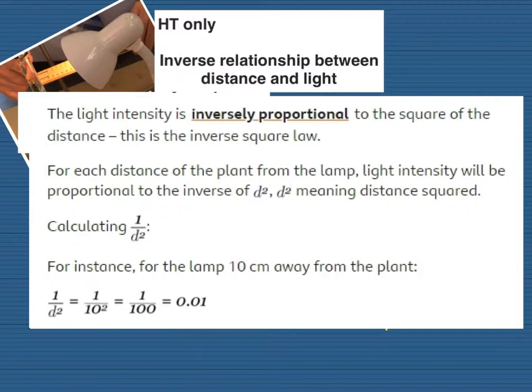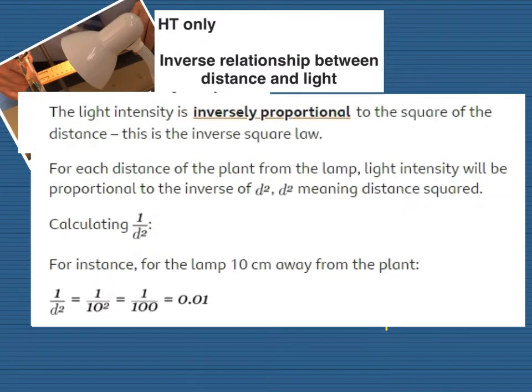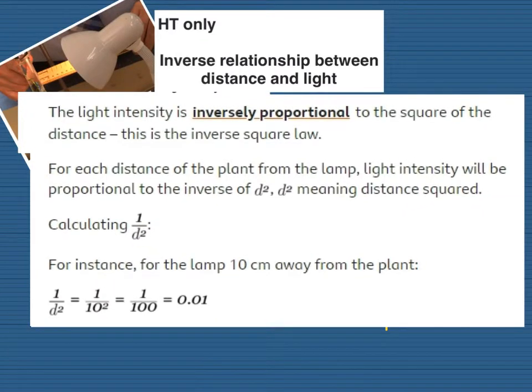So the actual calculation is relatively simple, and in an exam question I have seen they show you this calculation. They may not show you all of the time, but I have seen it. So it's 1 divided by d squared, meaning the distance squared. So for instance, if the lamp is 10 centimeters away from the plant, it's 1 divided by 10 squared, which will give you 0.01.